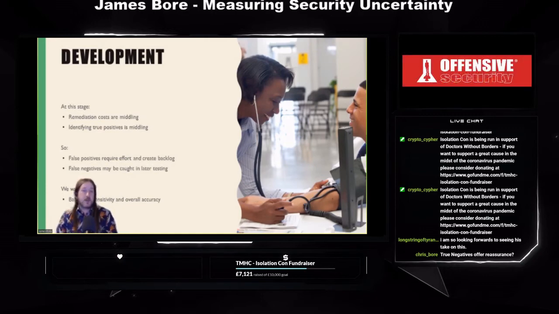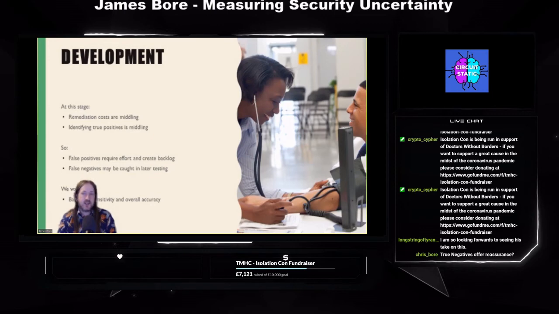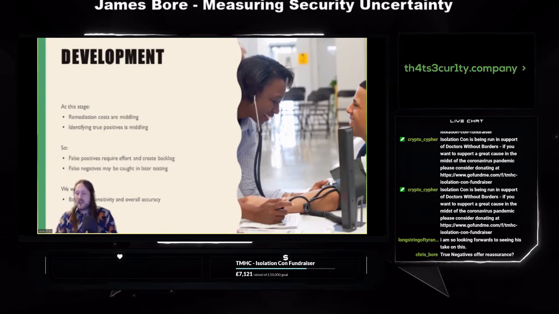The problem is your remediation costs have gone up a bit here, because remediating anything that you find involves taking a step back in the process or adding it to the backlog. It involves extra effort. It could be a delay, it could be extra expense, it could be almost anything, but it is harder to do at this stage than at the design stage.